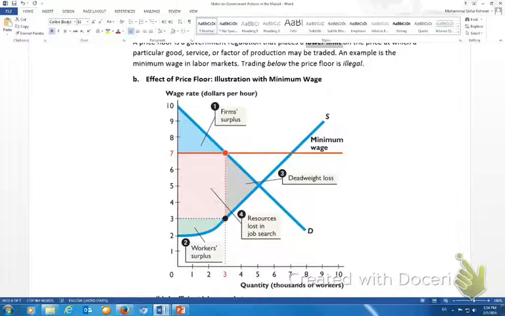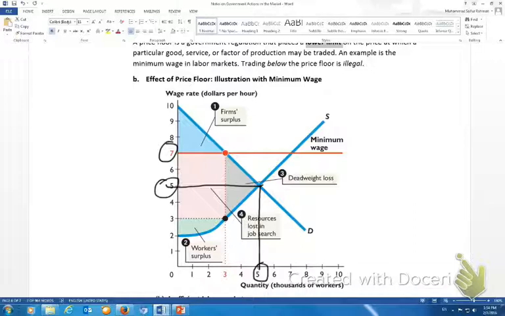So we had a market equilibrium happening where the price is like 5 and the quantity is like 5, and the government then imposes a minimum wage of $7. Having a minimum wage of $7 is important because it is set above the market equilibrium, which means that the government is forcing the producers to pay this $7 per hour of wage.